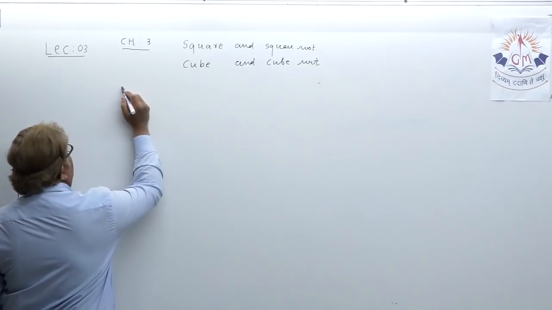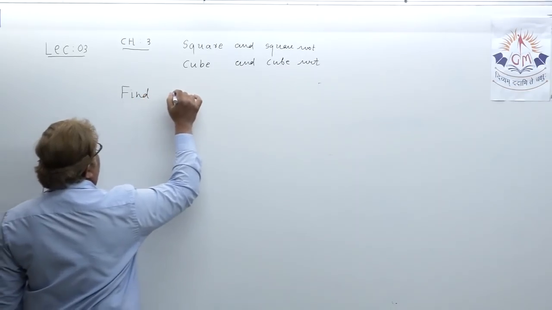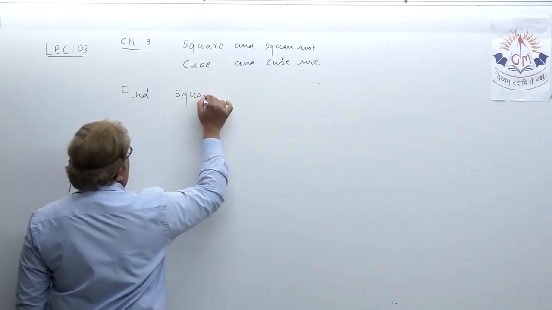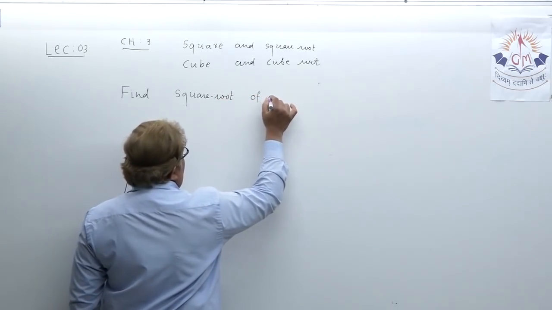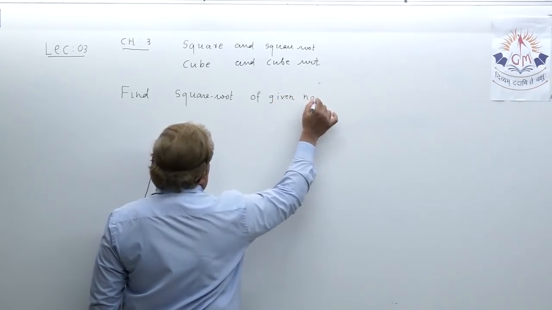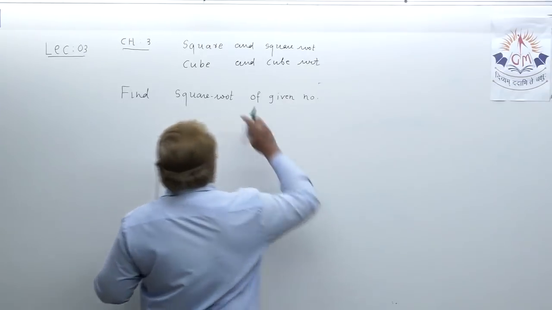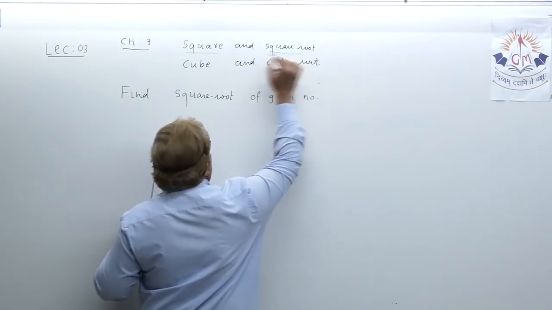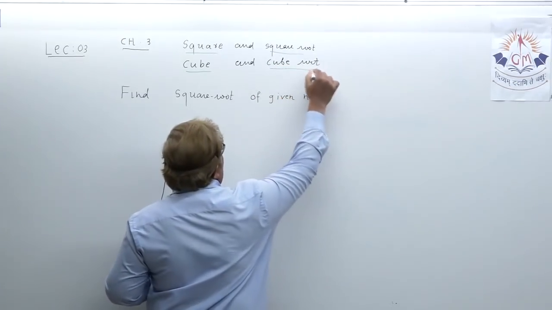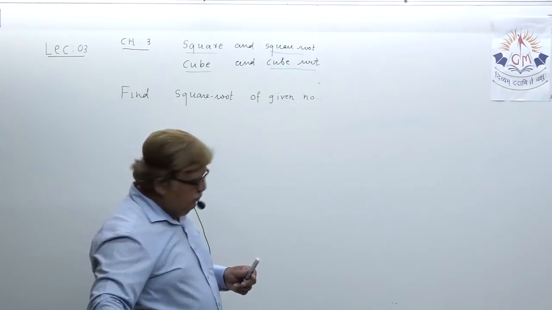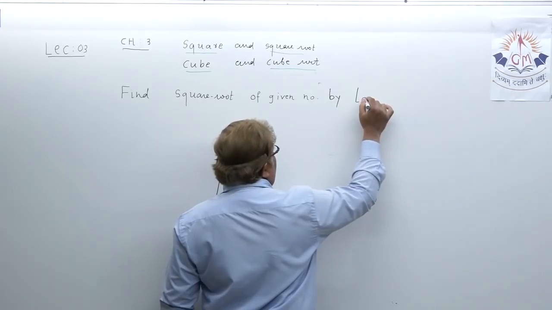The title is: Find square root of given number by long division method.